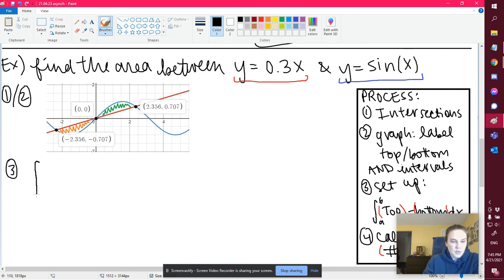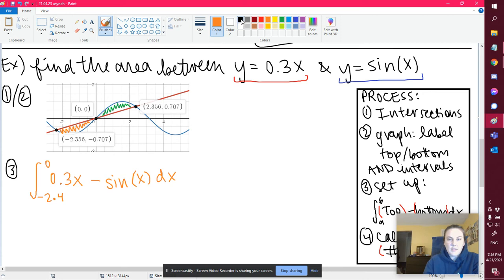So what we're going to do is we're going to do the integral. I'll do it all in orange, actually. The integral from negative 2.4 to 0 of the top function, which here is 0.3x, minus the bottom function, which here is sine x.